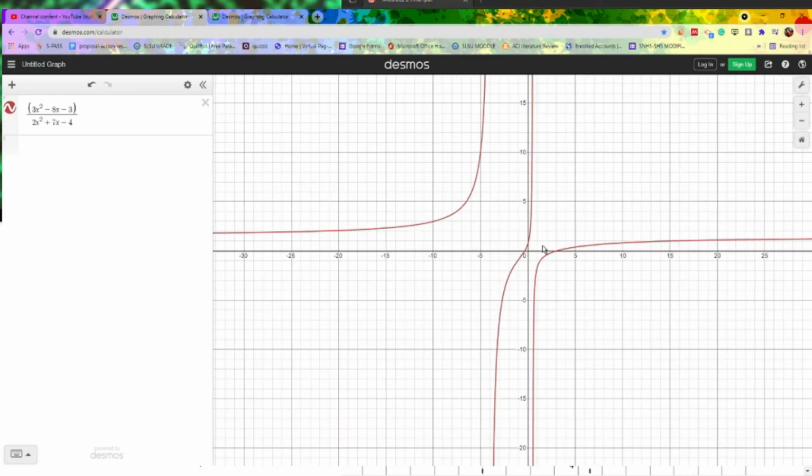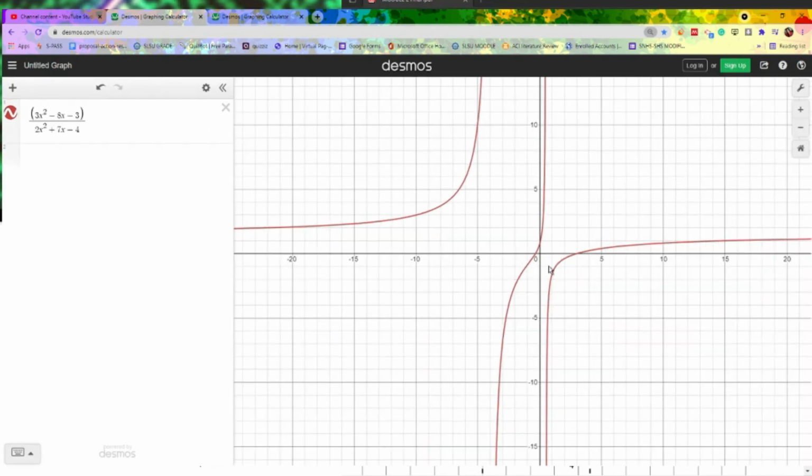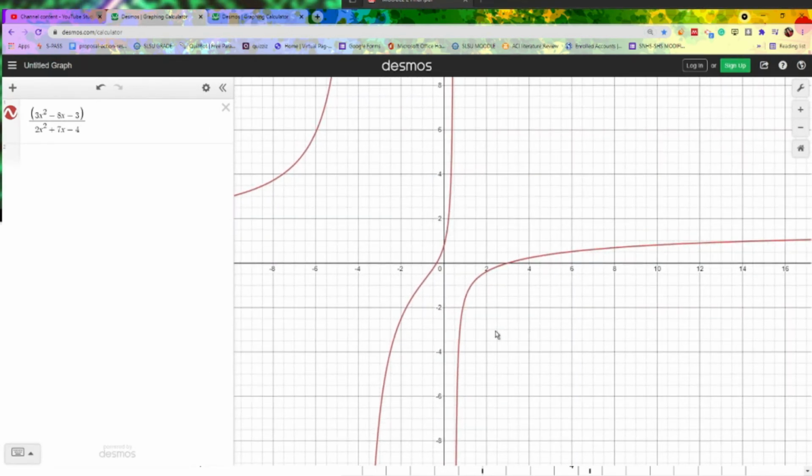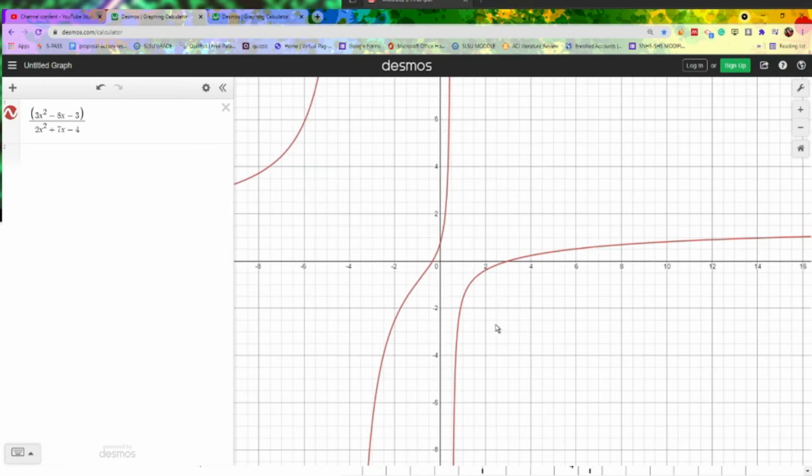So remember the points. Remember the x-intercepts that have been plotted. We have the x-intercept negative 1/3 here, yes, that is negative 1/3, and the other x-intercept is 3.